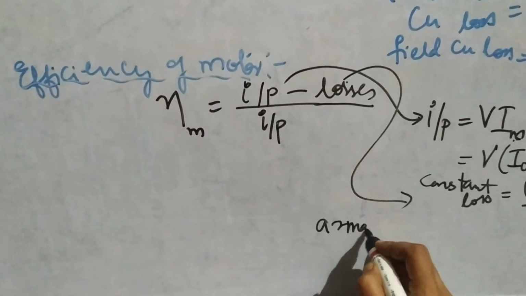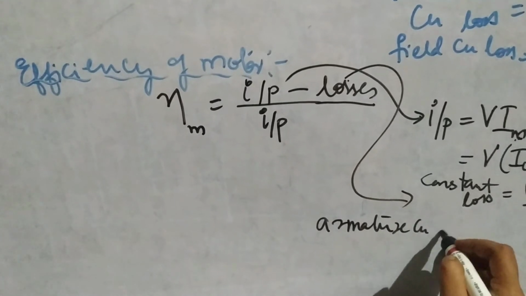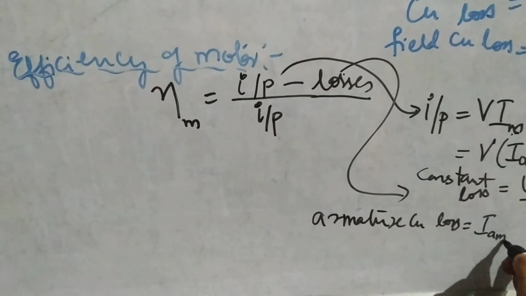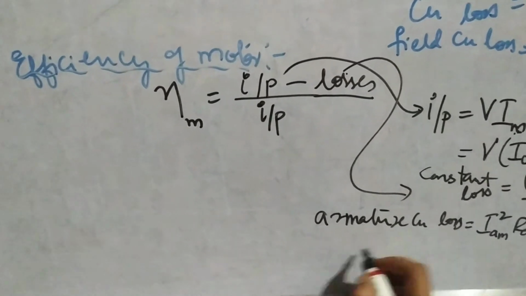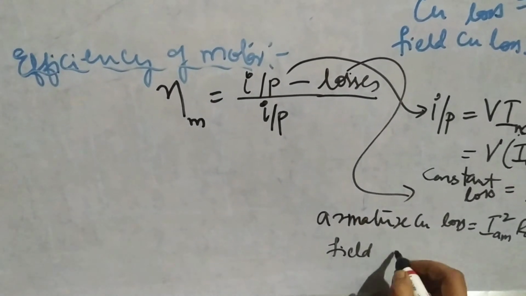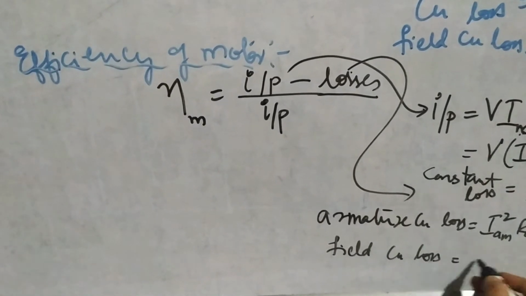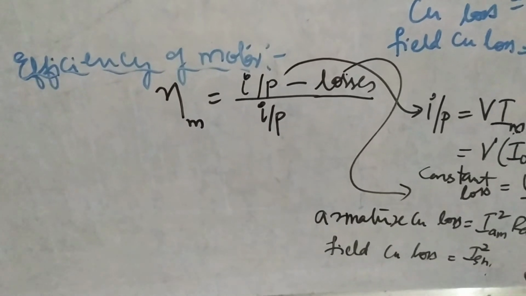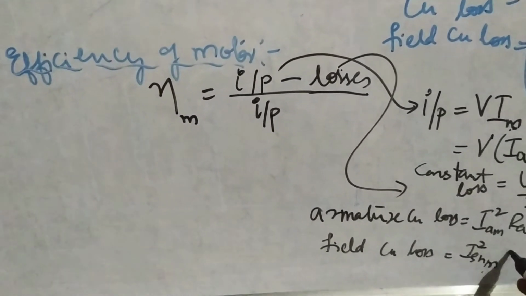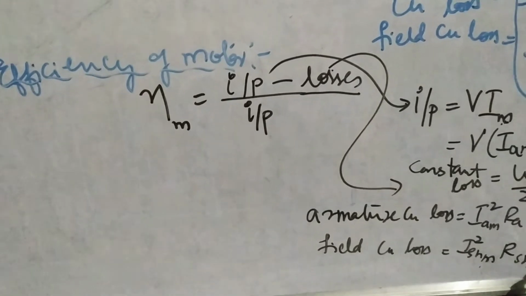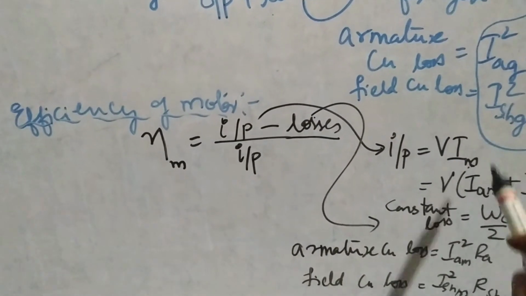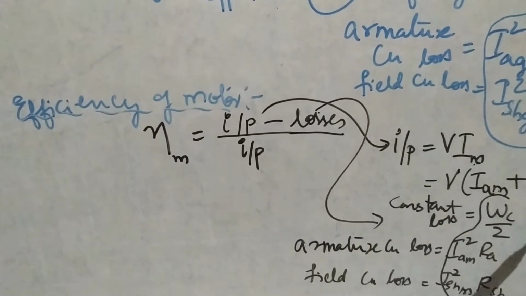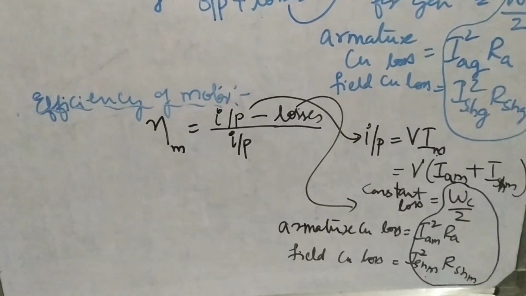Again armature copper loss: IAM square into RA. Then field copper loss, which will include I shunt M square into R shunt M. All these three things we have to add up, so that gives you the total losses.